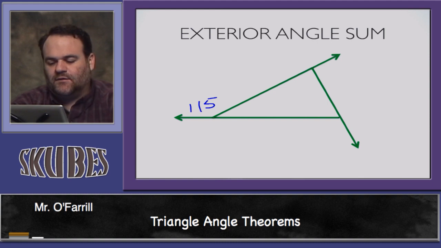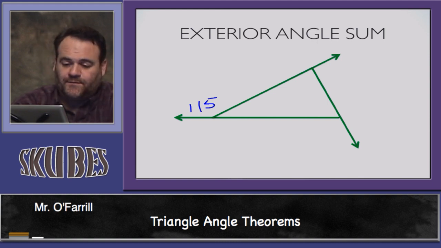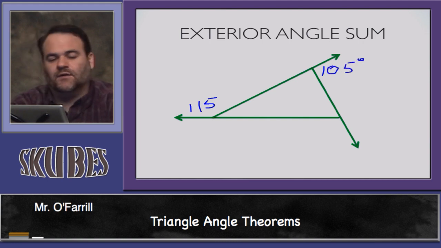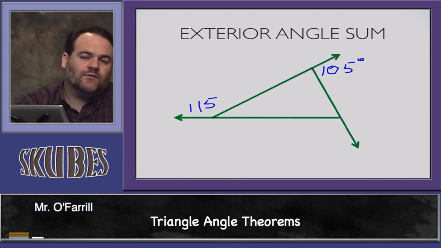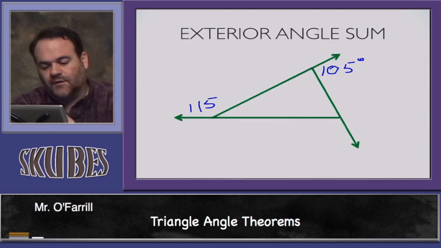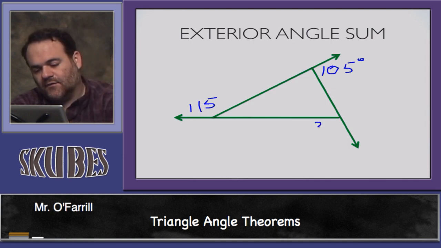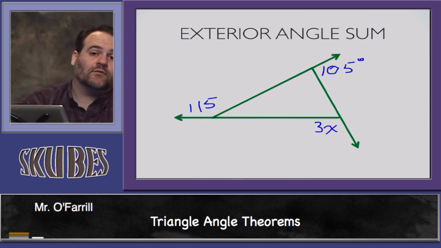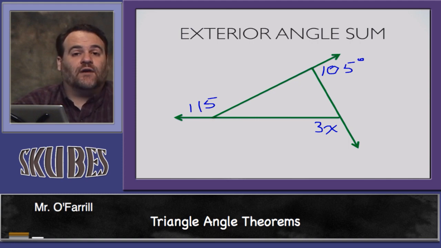We'll make this one up top 105 degrees. And this one on the bottom, we're going to make 3x. What is x? And what is the value of that angle?